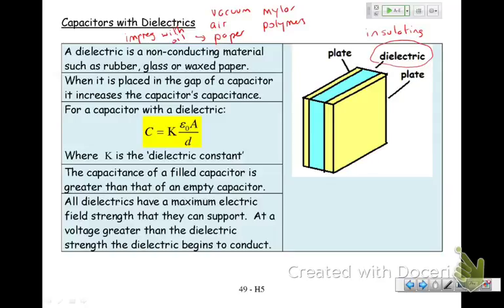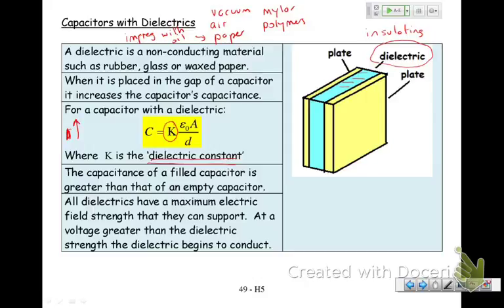The figure of merit, the thing that represents how significant the dielectric is in increasing the capacitance, is this thing called the dielectric constant. It's given a value k, and the value k goes from 1 upwards.